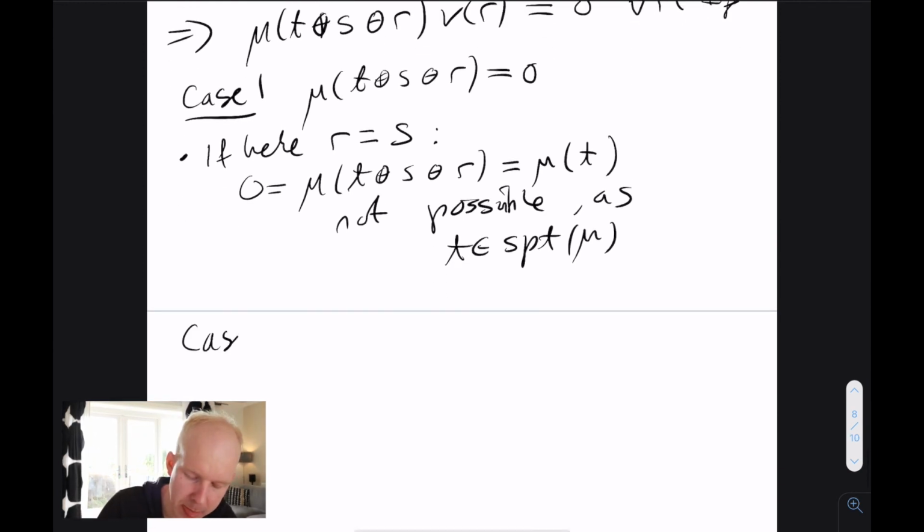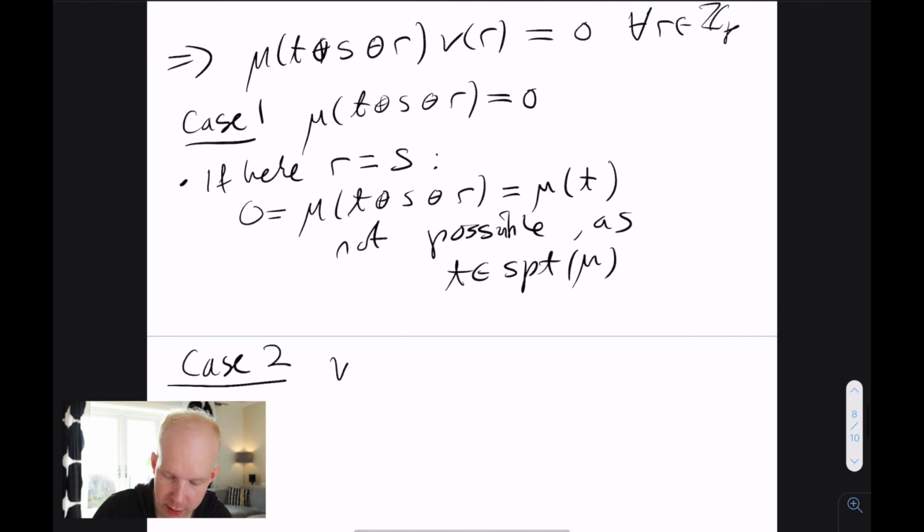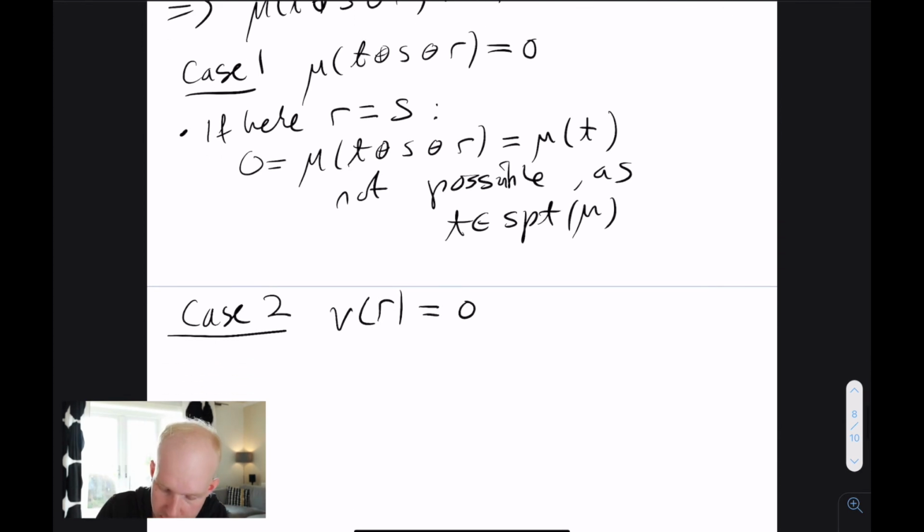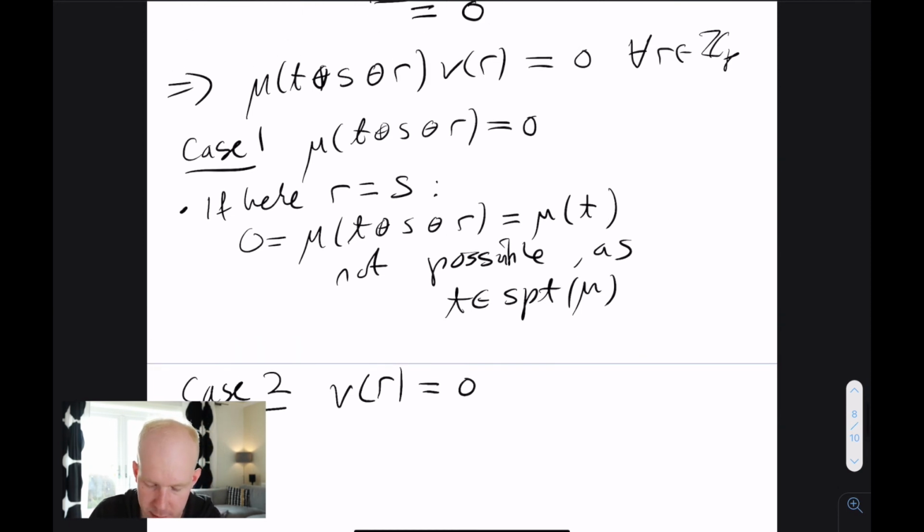And the other case, case 2, that I want to consider, is that nu(r) is 0 for some r in this product.